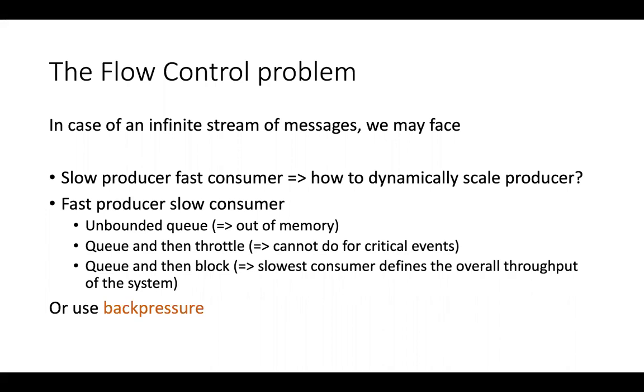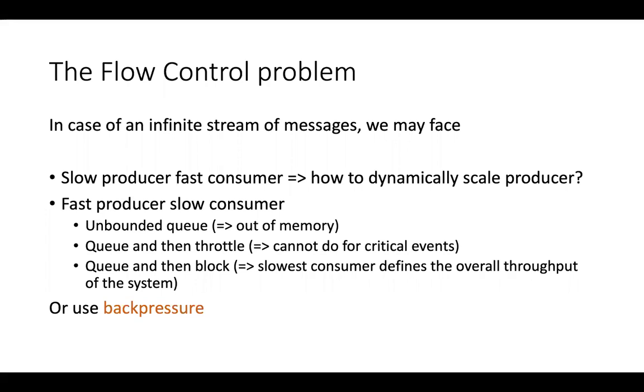Then we are not utilizing our system. The consumer will remain idle a lot of the time, so we have to scale the producer. If we have lots of producers, in that case the consumer will still pick up and be utilized. So that is one aspect.